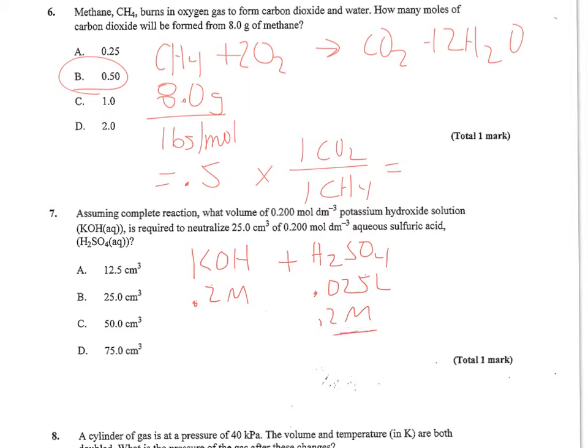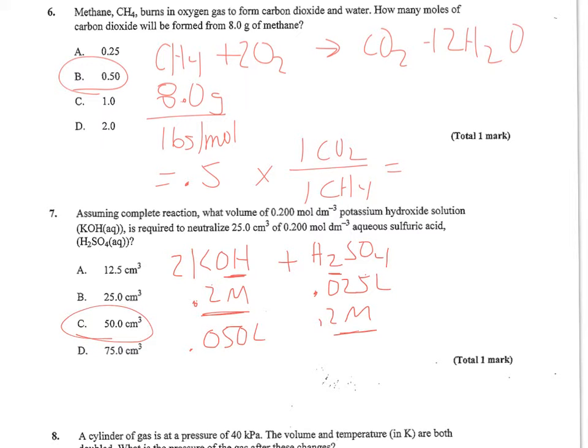The fact that they're both 0.2 molar, the same concentration, means that if this was a 1-to-1 ratio, I should use the same amount of each. But it's actually a 2-to-1 ratio, and I can tell because I have 2 hydrogen for each OH. So I'm going to need twice as much, or 0.050 liters, or 50 centimeters cubed.